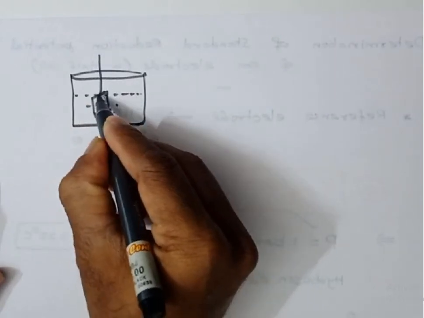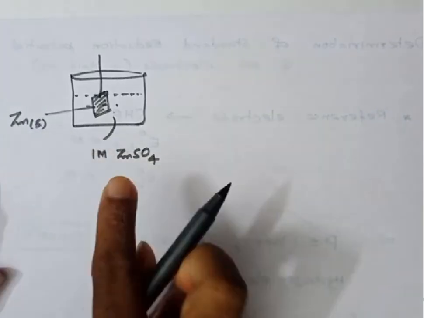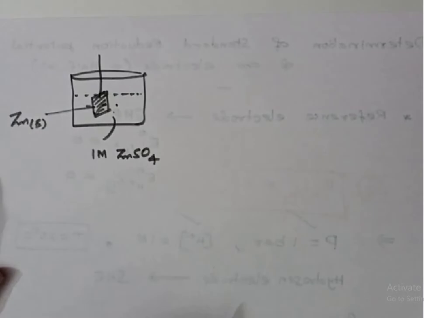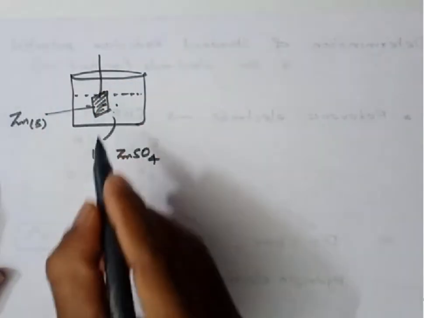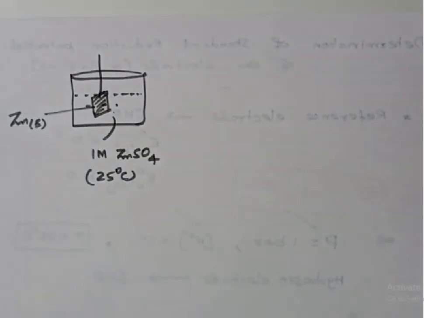So this is the zinc plate, solid zinc, and the solution contains zinc ion of concentration 1 molarity. This is the zinc electrode, and the temperature should be maintained at 25 degrees Celsius. This is one half cell, or one electrode.